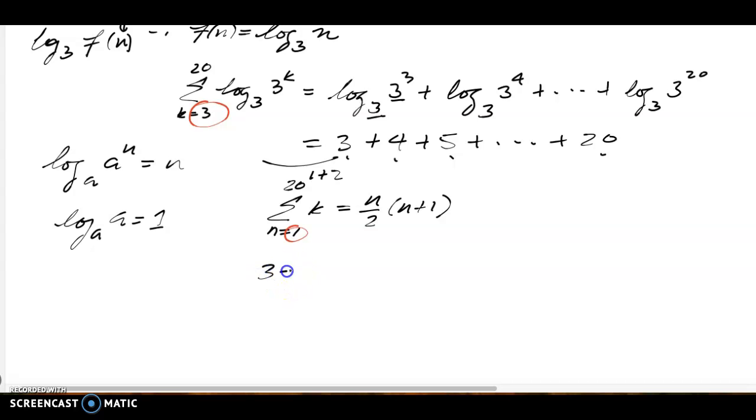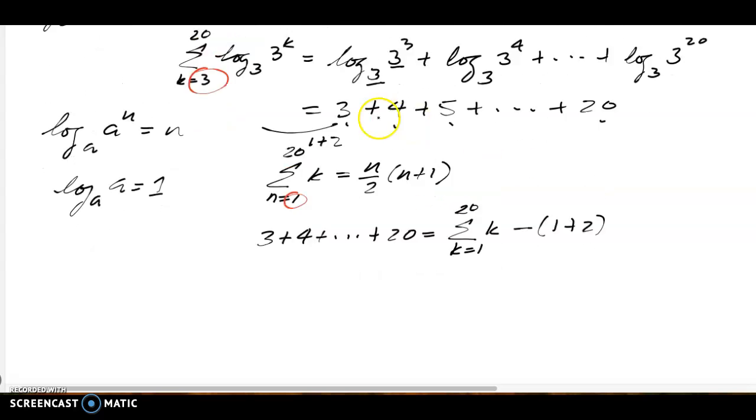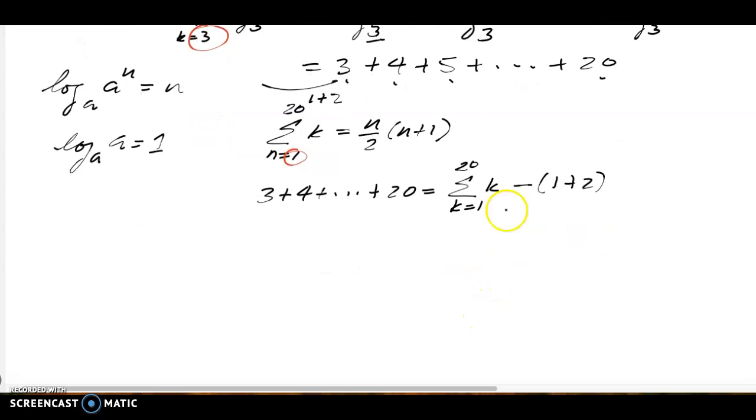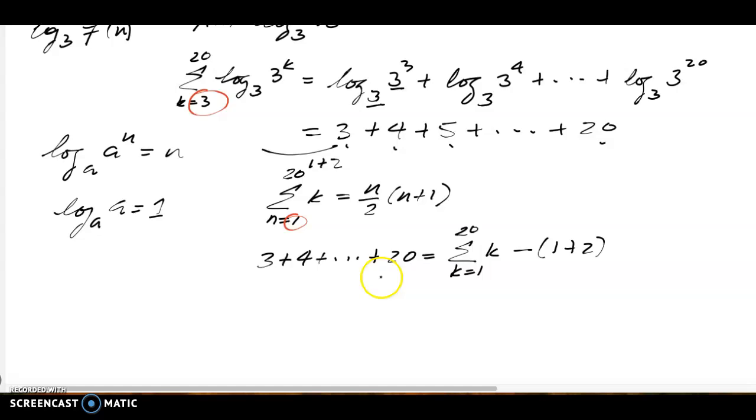So 3 plus 4 plus 5, all the way up to 20, could be rewritten as the sum of k from k equals 1 to 20, k, minus, well, that's your 1 plus 2. That's what you're missing, because we need to take away those two from this sum, and we know those would exist there if we started at k equal 1. Because that's exactly what the function's giving us.